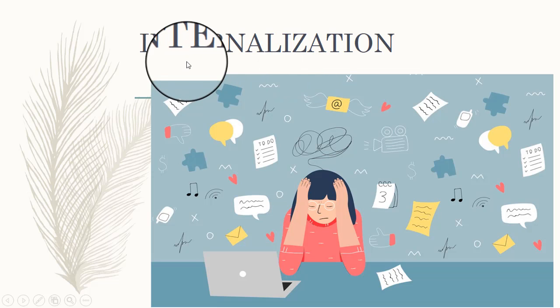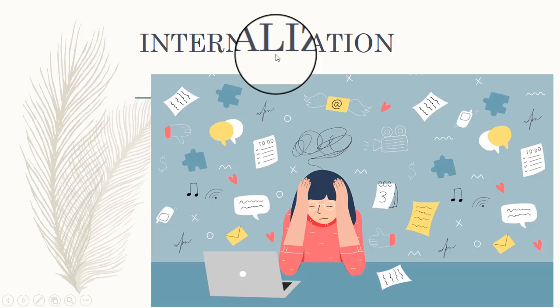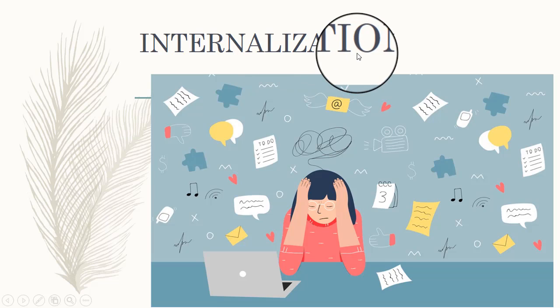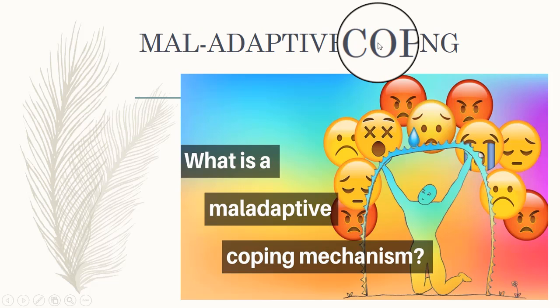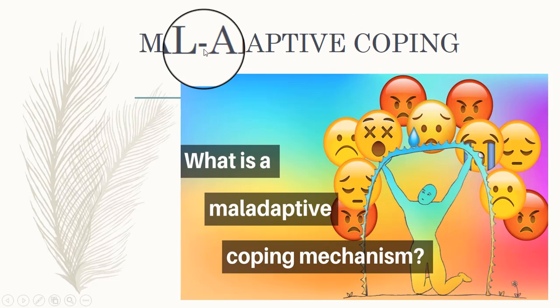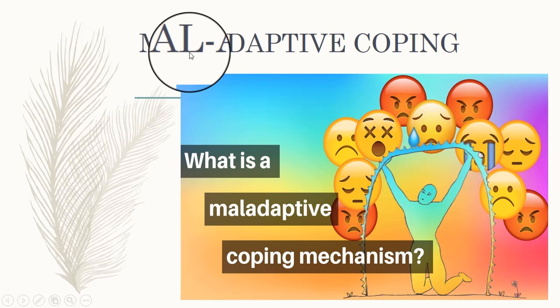So after internalization, the next step is maladaptive coping. What is maladaptive coping? This is the last step.